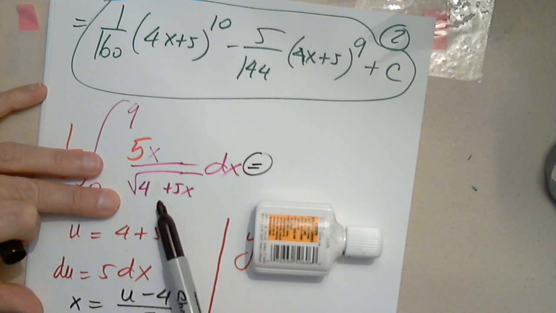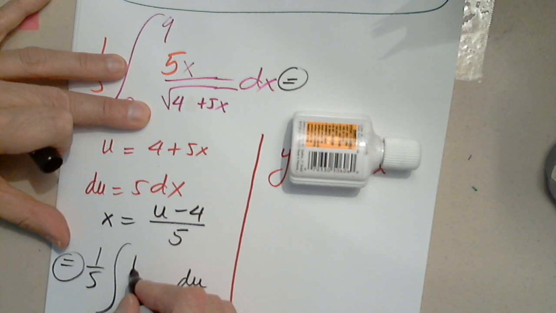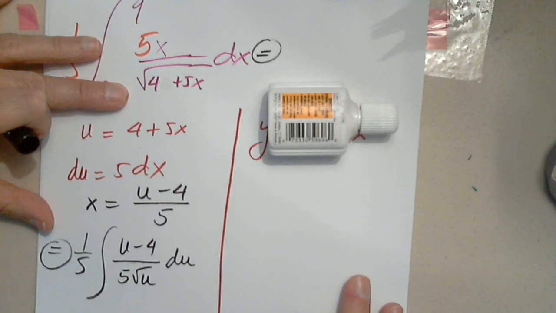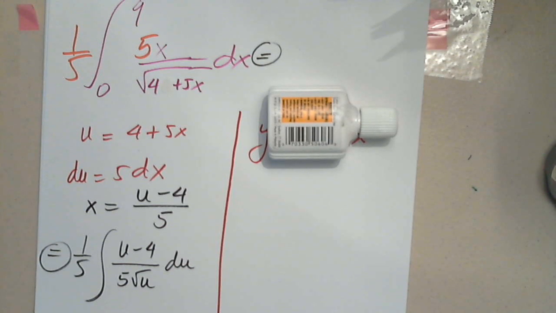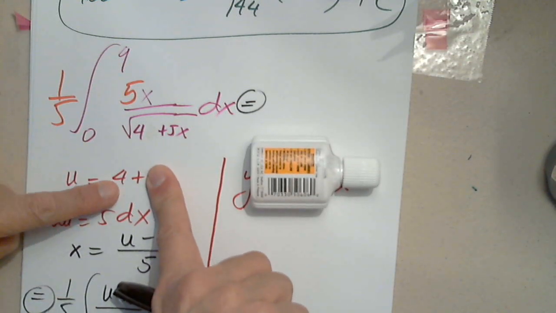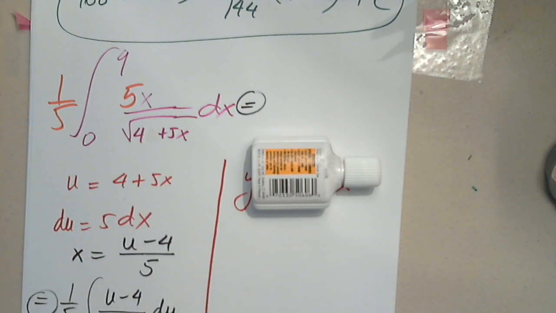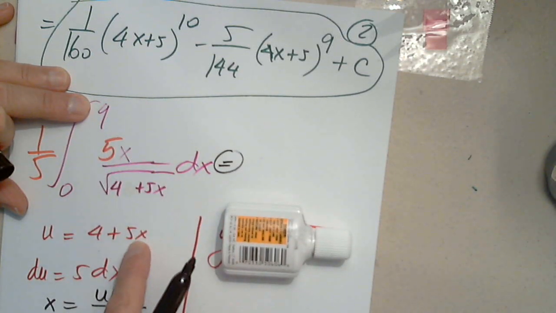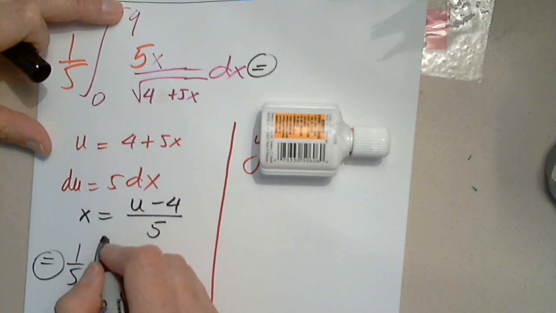And the denominator is the square root of u. So (u minus 4) over 5, the square root of u. Now we are ready for the limits of integration. When x is 0, u is 4. When x is 9, 45 plus 4, 49.